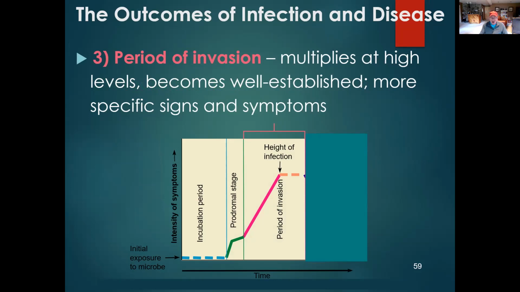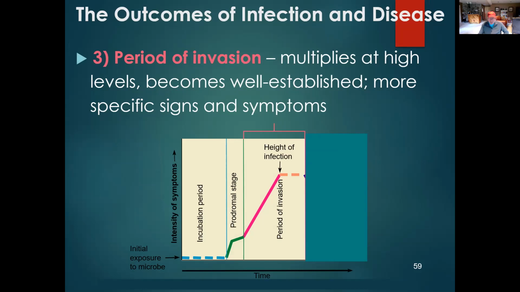And of course, how long does it take to go from incubation to the prodromal to the infectious invasion timeframe? Really depends on lots of factors, right? On the health of the individual. What is the microbe? What is it throwing at us in terms of its pathogenicity? Does it have endotoxins it's producing or exotoxins? So this can, of course, vary a lot.